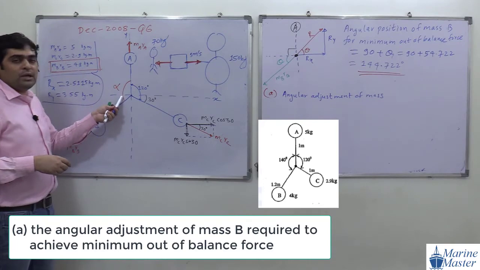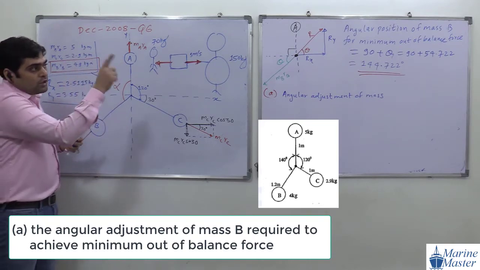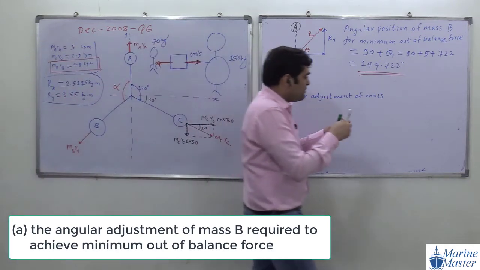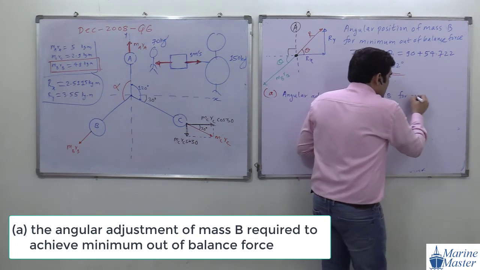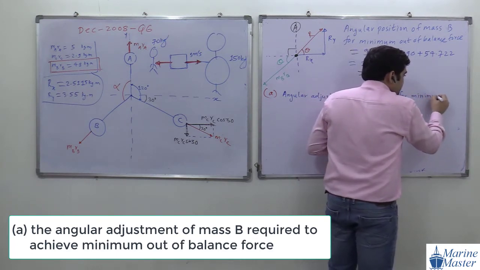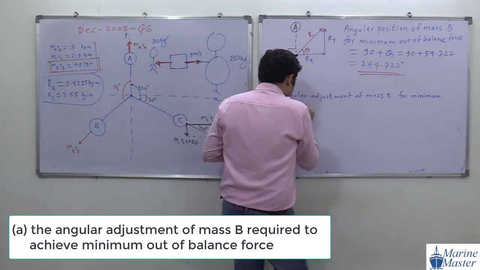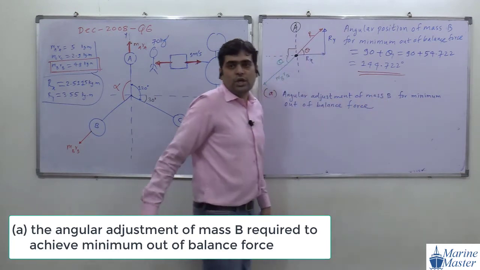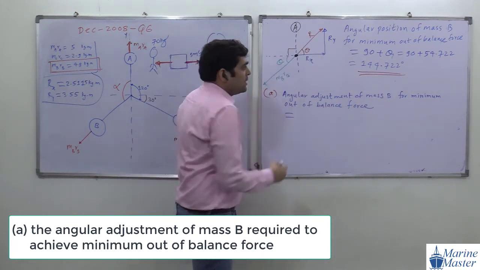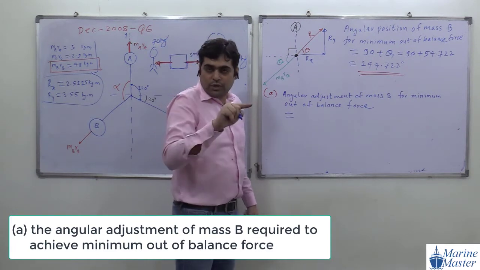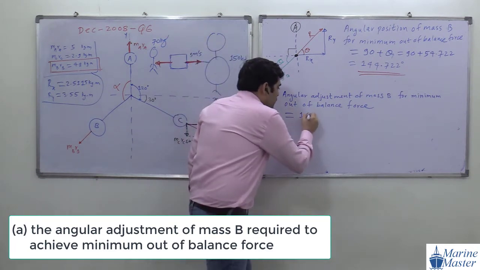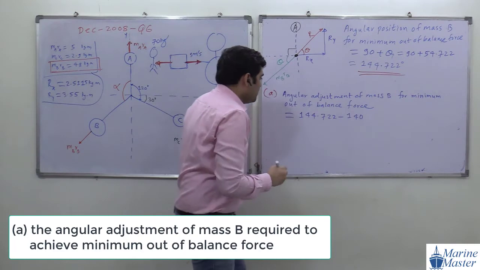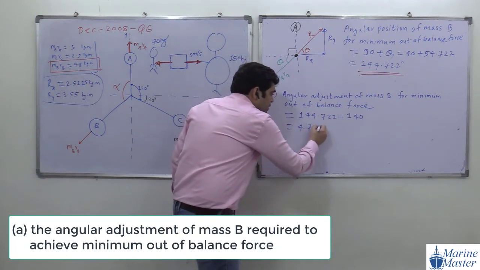Earlier angle is 140 degrees. New angle is 144.722 degrees. So by how much angle is the angular adjustment of mass B for minimum out of balance force? 144.722 degrees minus 140 gives 4.722 degrees.